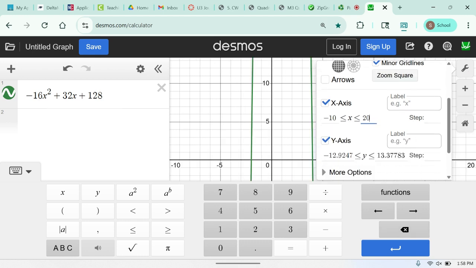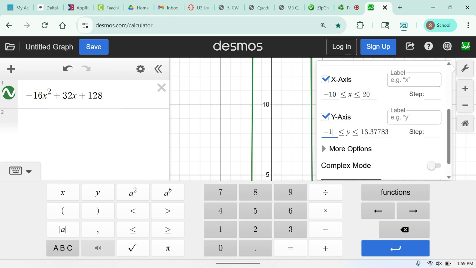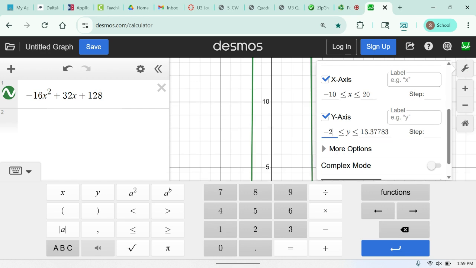But it looks like my y's go up for a while. If we're talking about height, what are the only y's that we care about? The positive y's. So I'm going to make a really low negative y, let's say -1, and let's do -2, just so I can still see the x-axis.